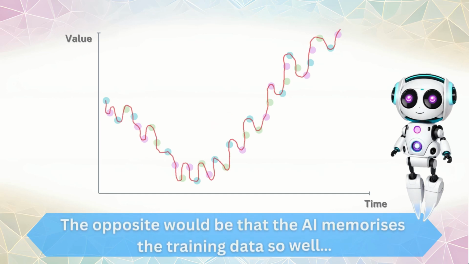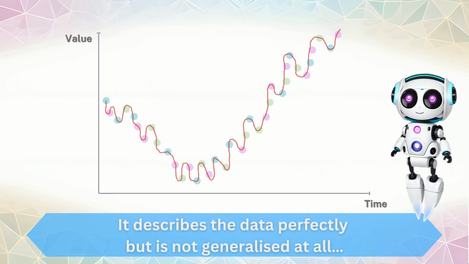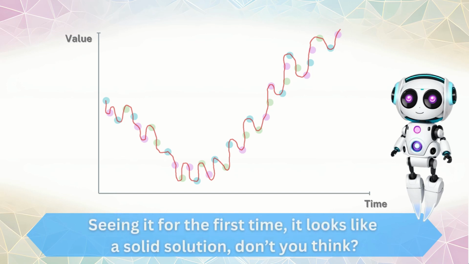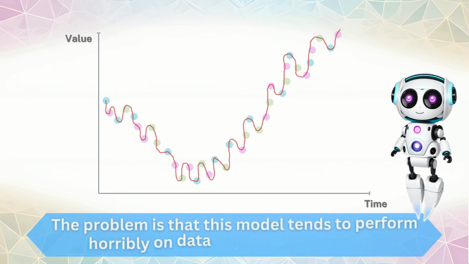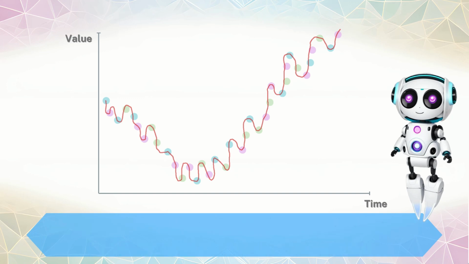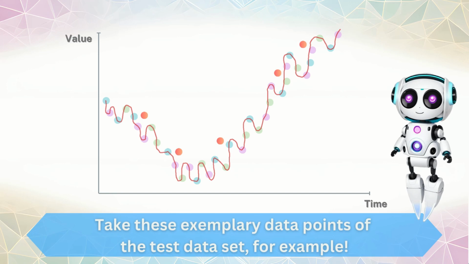The opposite would be that the AI memorizes the training data so well, it describes the data perfectly, but is not generalized at all. Seeing it for the first time, it looks like a solid solution, don't you think? The problem is that this model tends to perform horribly on data it does not know yet. Take these exemplary data points of the test dataset for example.